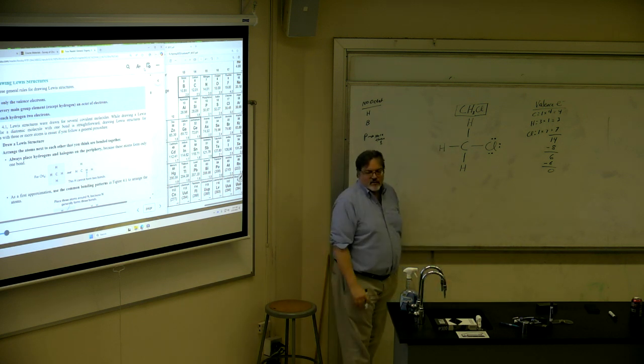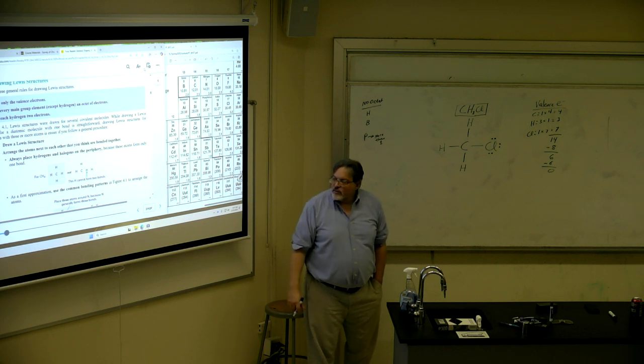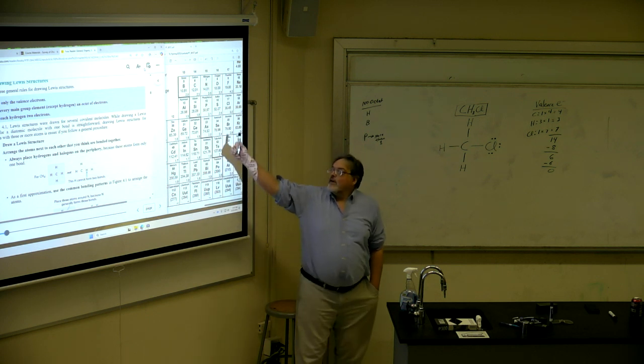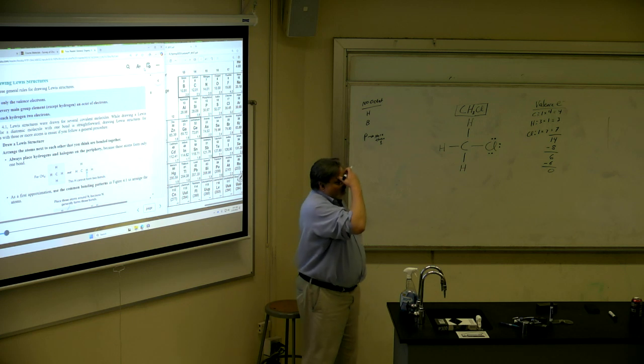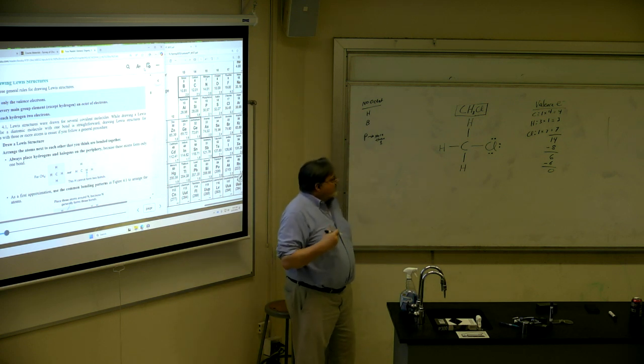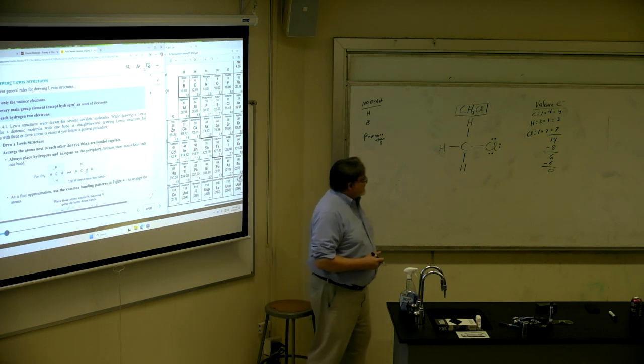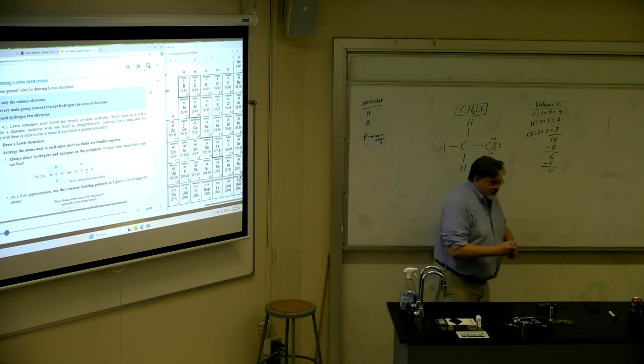That's the formal way of doing this. There are more twists and turns when you get to phosphorus and above. I don't think your book does any of those. There might be one, I'll see. But the trickier part is when there's double bonds and triple bonds. But that's the Lewis structure of this molecule, and that's the formal way to do it.